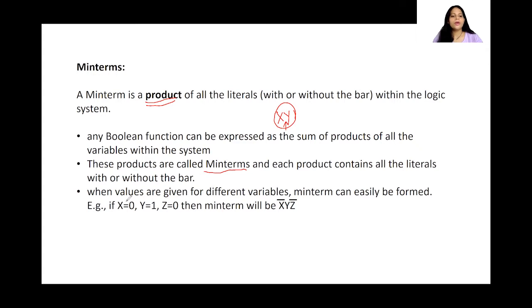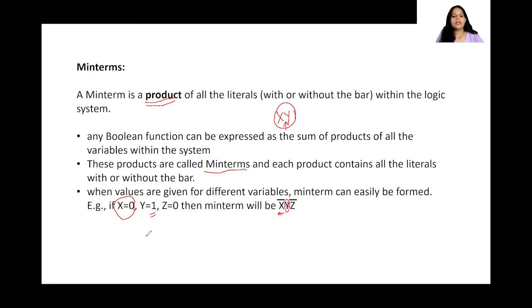When values are given for different variables, a min term can easily be formed. Example, x is 0, y is equal to 1, z is equal to 0. Then the min term will be x bar, y, z bar. Listen to this carefully. In a min term, whenever a variable's value is 0, we represent it with a bar. Whenever the value is 1, we represent it without the bar.